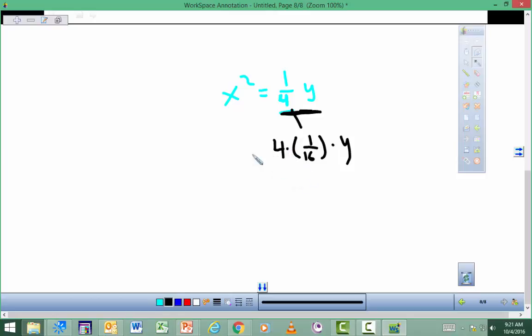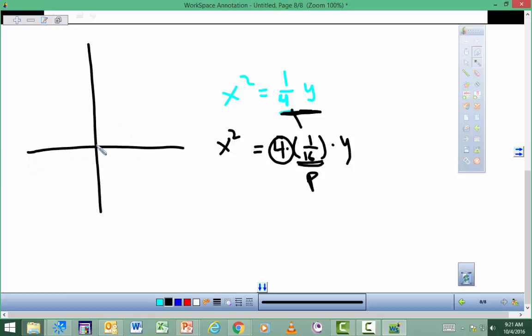But the nice thing about having that 4 out there is that once you get the 4 out there, you know that this distance is your p. That's the focal distance. And so this parabola, unlike the previous ones, has the focus right next to the vertex. If you're looking at the graph on this one, the vertex is right here, and the focus is right next to it.